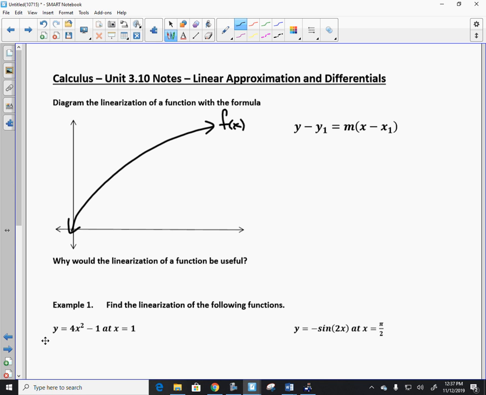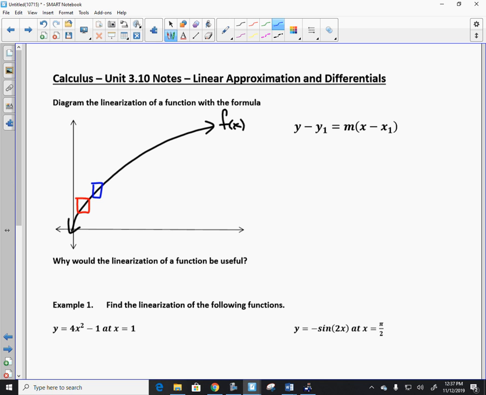Okay, but if you look at it in very small windows, for example this window right there, it kind of looks like a line, right? And if you consider another small window right there, it kind of looks like a line there, doesn't it?